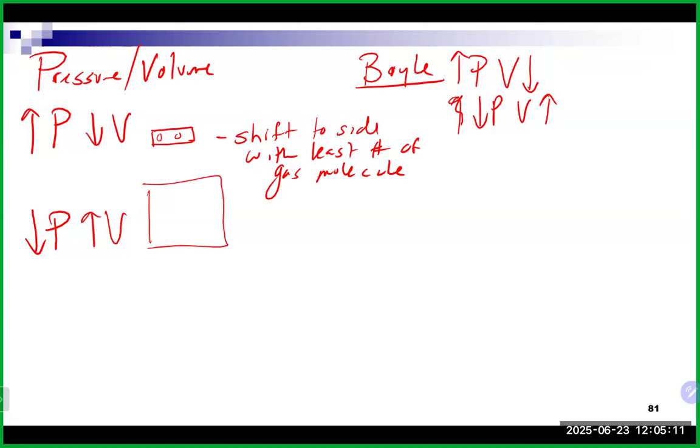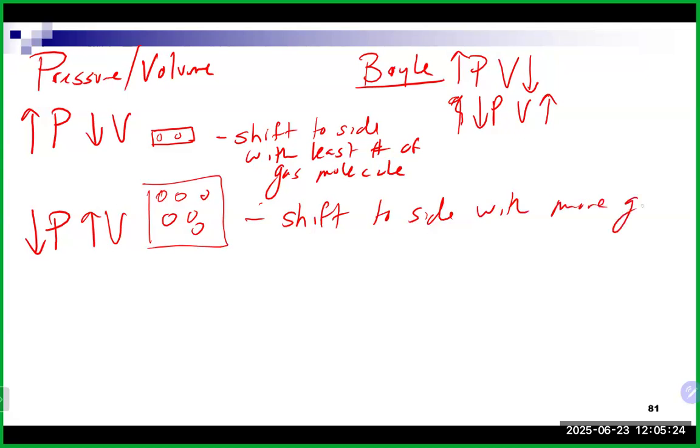So in this larger volume, we would need more gas molecules to fly around. So it would shift to the side with more gas molecules. And again, that is obviously, like I mentioned a second ago, reaction dependent as to which way that is.